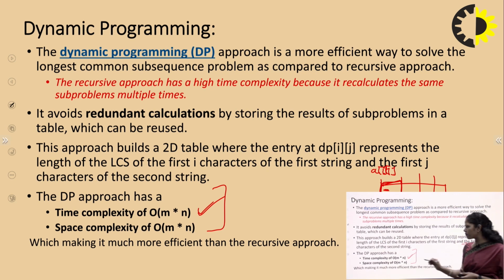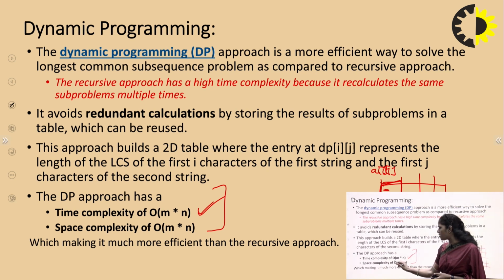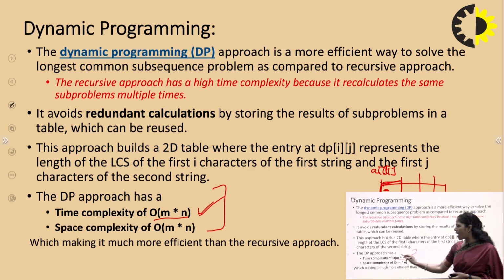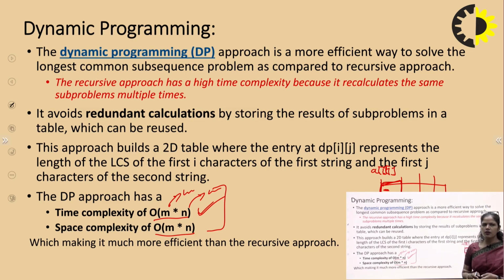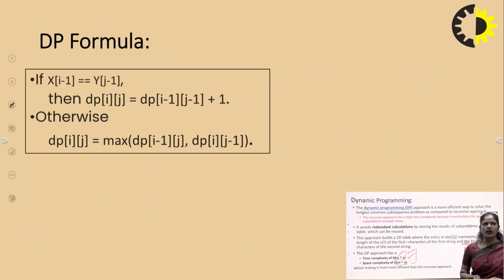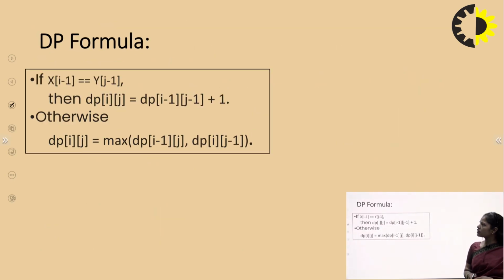So the time complexity of DP is big O of m times n. m is the length of string 1 and n is the length of string 2. The same holds for the space complexity, because every time we need only as many elements as the lengths of the given strings. So the heart of the DP, we can say, is the DP formula.